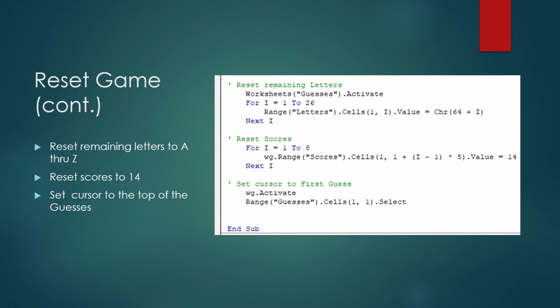The last things that the reset game sub does is it resets the letters A to Z in the remaining letters field, and then it goes ahead and resets the scores and sets the cursor back to the first cell for the guesses.